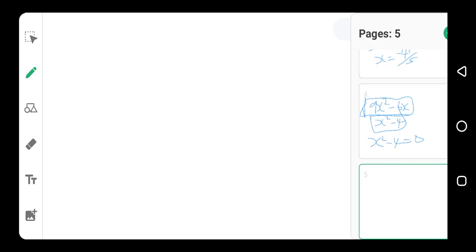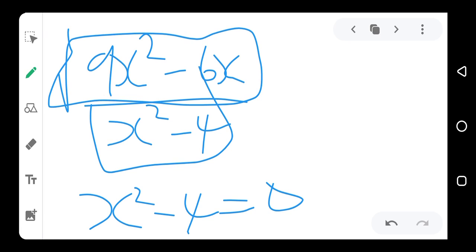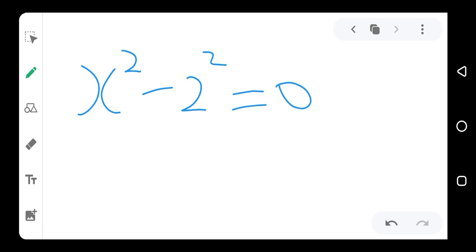Now if we simplify this, we have x squared minus 2 squared, because 4 is equal to 2 squared. So x squared minus 2 squared is equal to 0.